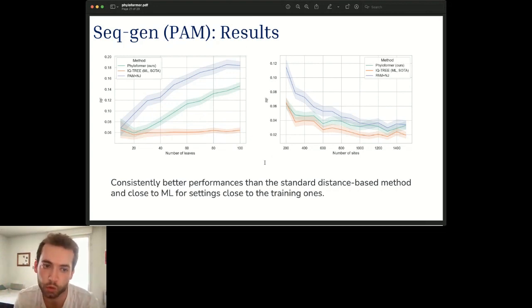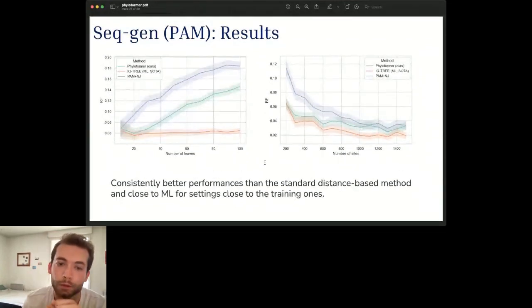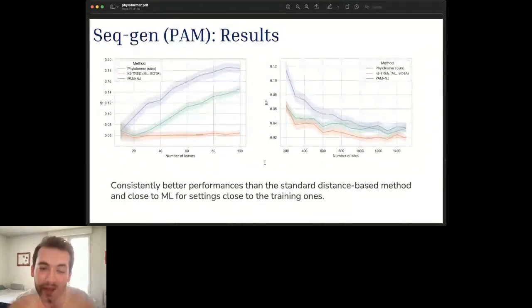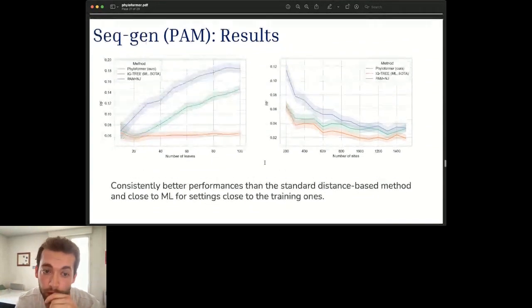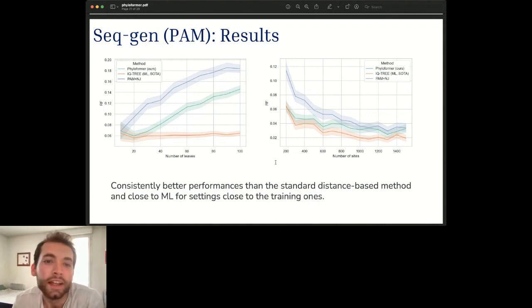So we've seen this same trend in several different simulations, as well as in the case of model misspecification. And we're working on making the method scalable to this case as well. Because, okay, I'll talk about this later if someone is interested.